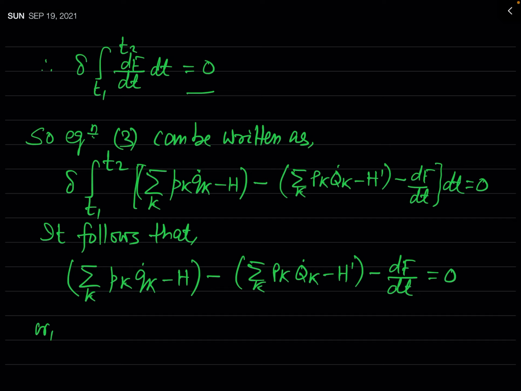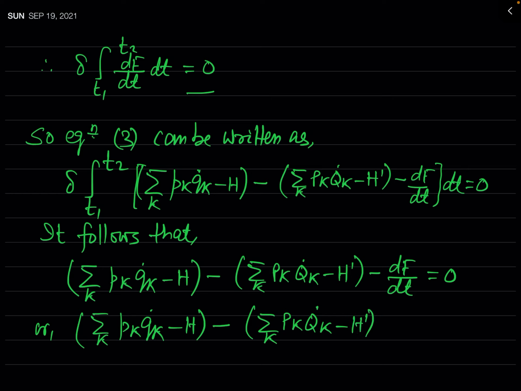Or equivalently, you can write this expression in this way. This is summation over k pk qk dot minus h minus summation over k, where k runs from 1 to n, remember, Pk Qk dot minus H prime, and this is equal to df by dt.